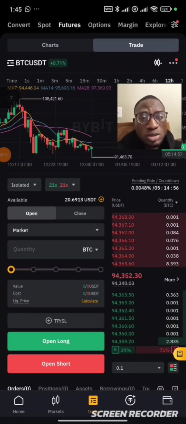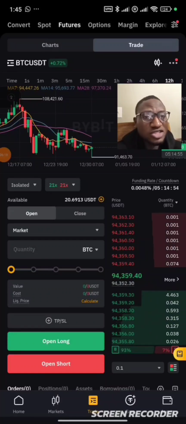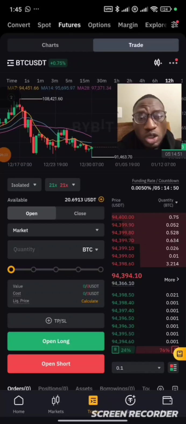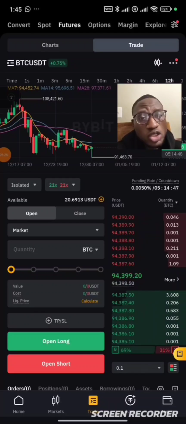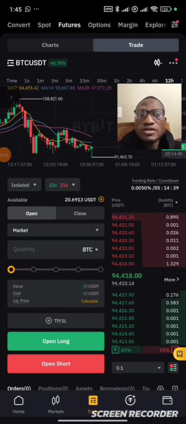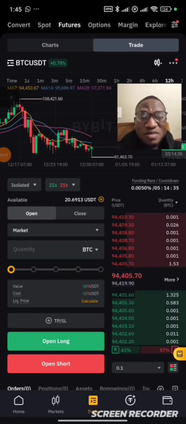Either of those two. If the market is in your favor, you make more money. If the market is against you, you lose, either part or all, depending on your risk management. Maybe you put a stop loss or you don't.